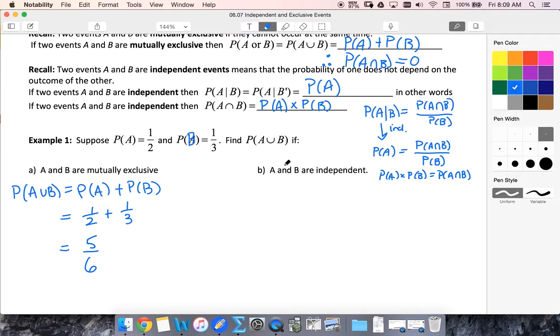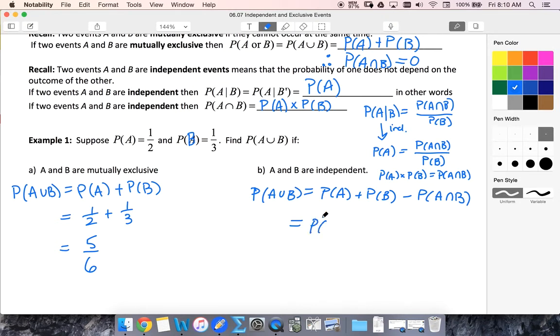Now, if they're independent, that means that our formula for A union B must be probability of A plus probability of B minus probability of A intersect B. Well, if they're independent, then I know probability of A intersect B is those two multiplied.